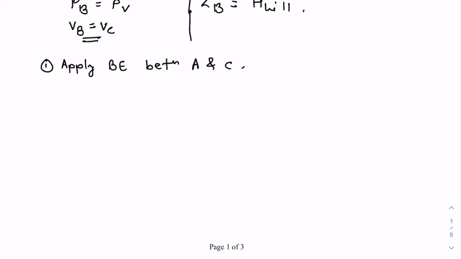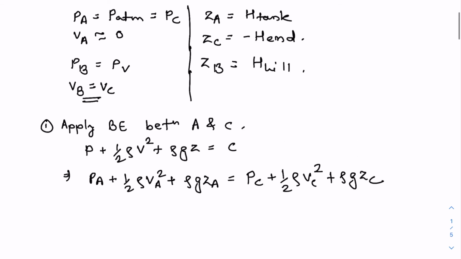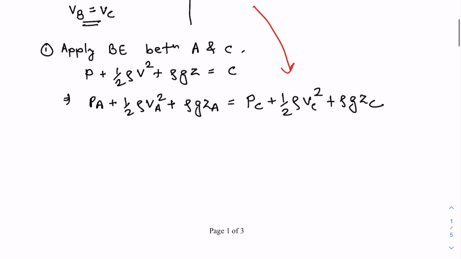So Bernoulli equation tells us that P plus half rho V square plus rho G Z is constant. So PA plus half rho VA square plus rho G ZA is nothing but PC plus half rho VC square plus rho G ZC. So just substitute values from here to here.